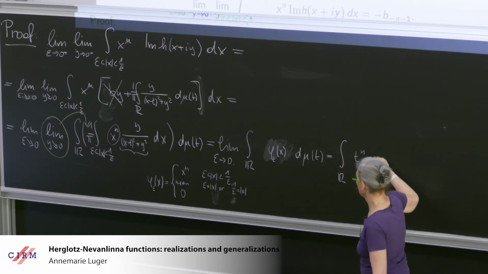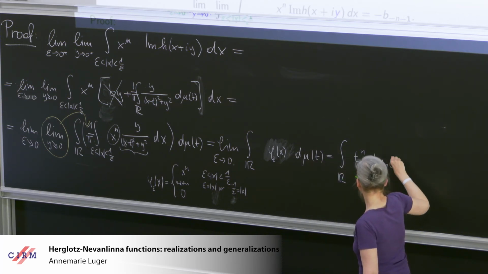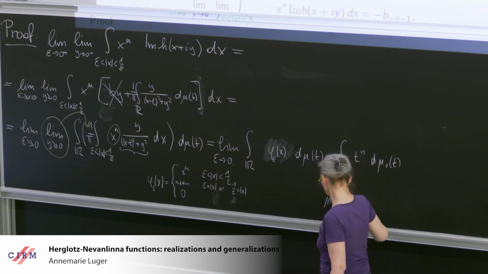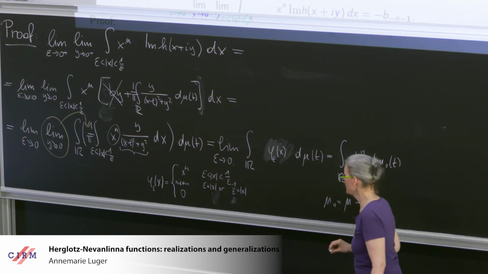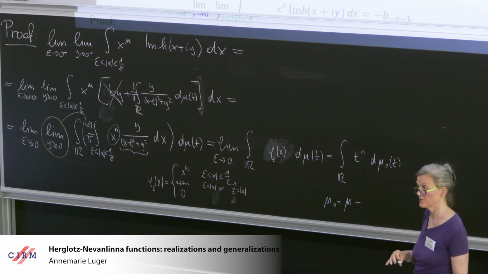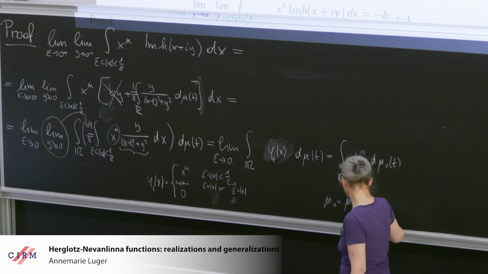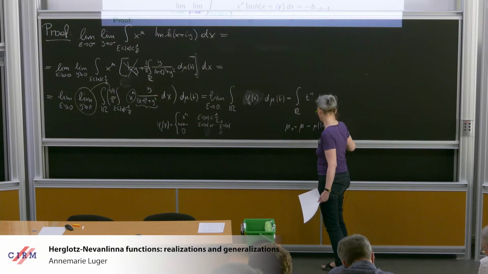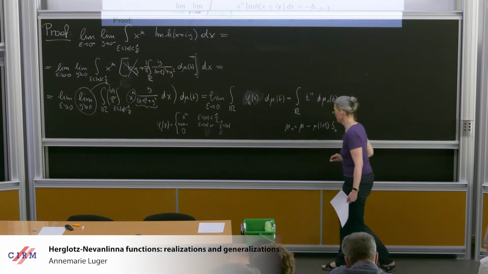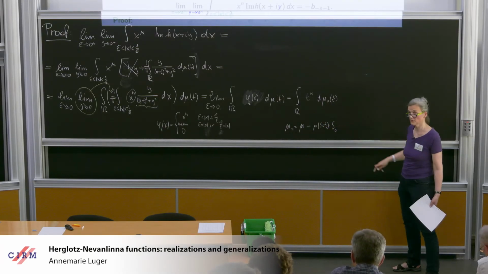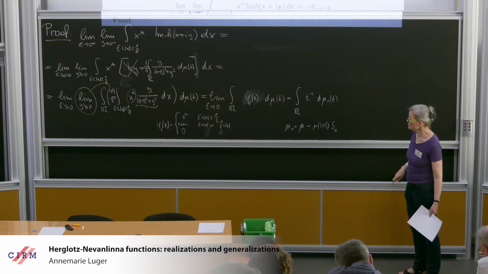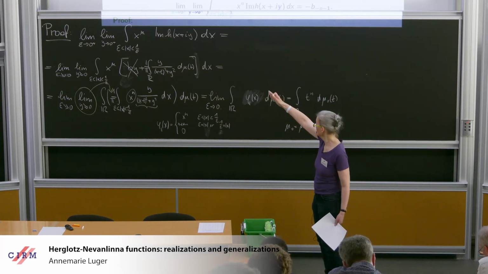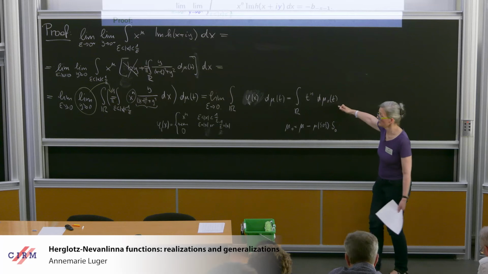So it will be d mu 0 of t, where mu 0 is the original mu minus a possible point measure at the point 0. So this would then be mu of 0 times delta 0. So this is a point measure at 0.